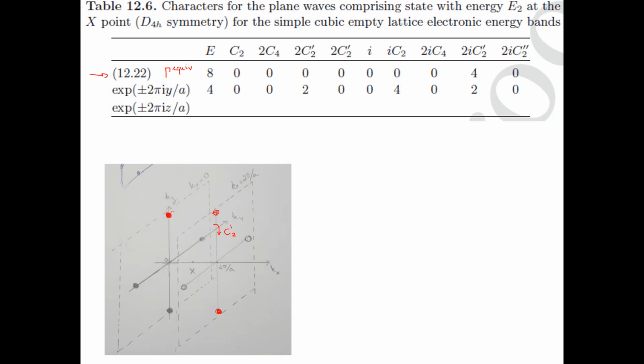And the same for these. So these four reciprocal lattice points are invariant, and therefore the character is 4 here.